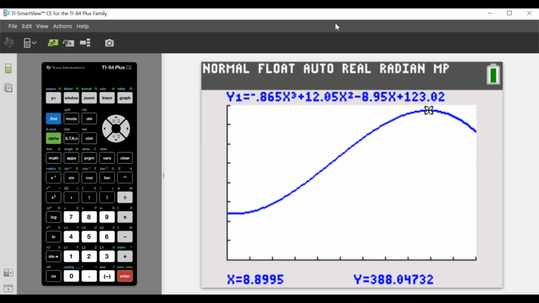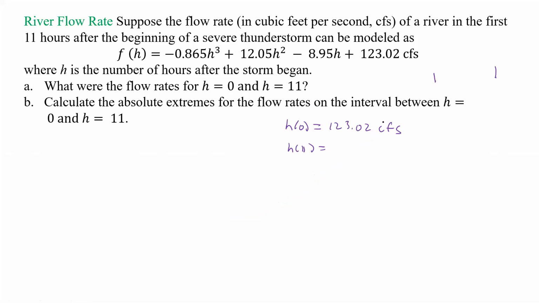Let's go back over here. We had h of 11, which we calculated as 331.305 CFS. Then over here, we did our derivative. Our derivative f prime of h equals negative 2.595 h squared plus 24.1 h, minus 8.95.